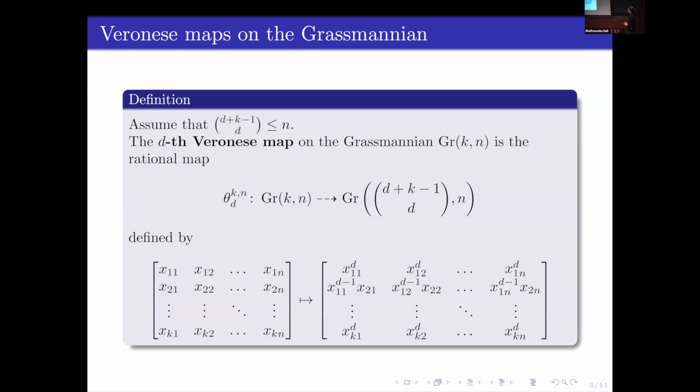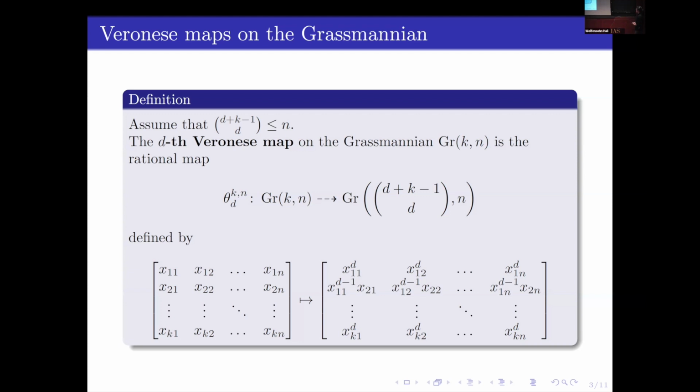And we put all the columns together to form a larger matrix with more rows, but the same number of columns. One can see that if you let some invertible matrix in GL_k act on the left, then on the image you will be acting by the dth symmetric power of that invertible matrix, which will also be invertible. So this map between matrices gives you a map between Grassmannians.